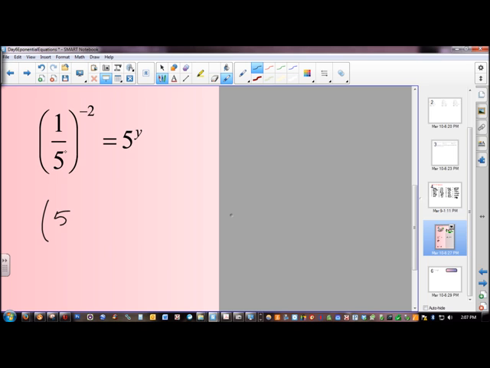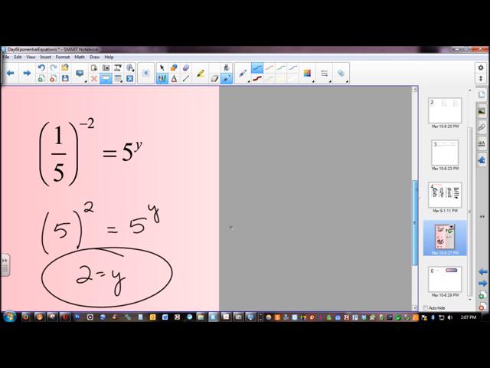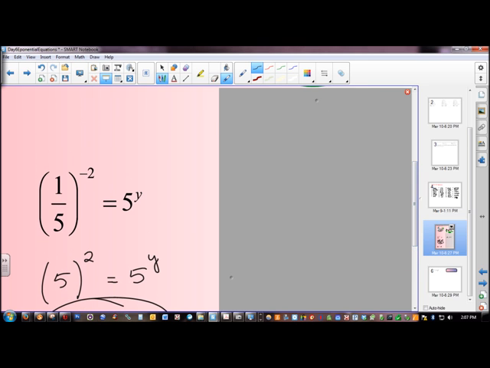When I turn 1/5 over, it's just plain old 5. I don't have to write that denominator, but that made my exponent positive, just taking the reciprocal of that fraction. On the other side, I still have 5 to the y, and now we have the same base. In order for this to be a true statement, that means that if the bases are the same, the exponents have to be the same, and I've just solved for y. Again, you can check that using your Inspire just by storing.